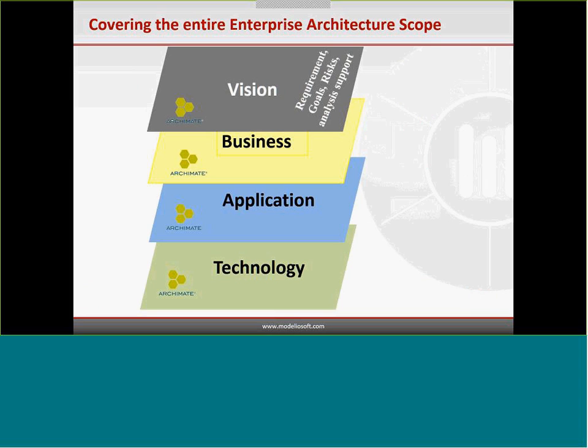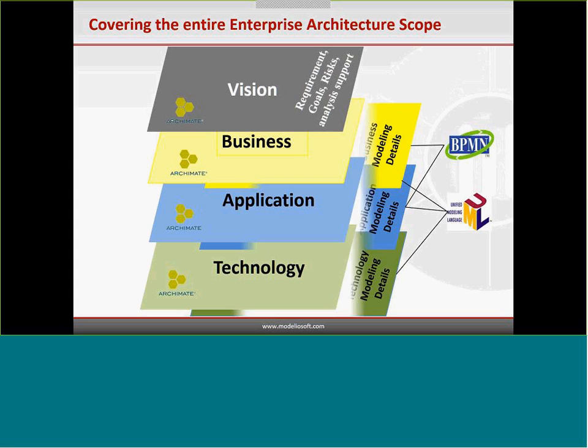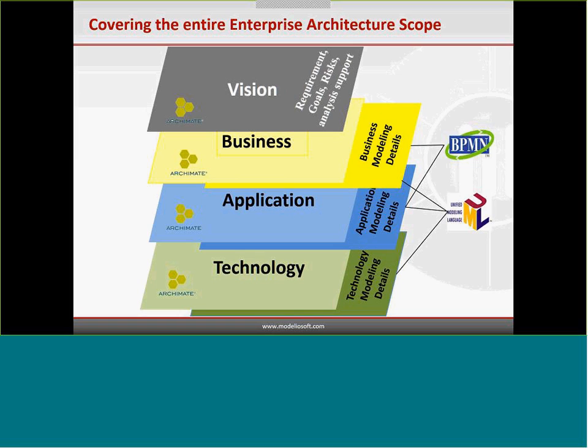So the goal is to have a modeling support that helps cover the entire enterprise architecture scope, which is the architecture domains, business, application, technology, and also the vision domain. Vision, business, application, and technology are supported by ArchiMate. Using UML and BPMN helps in providing details, in particular for the business architecture domain, application architecture domain, and technology architecture domain.